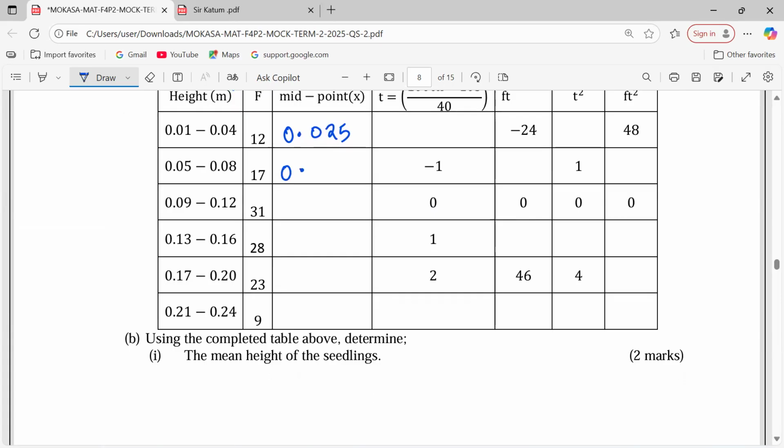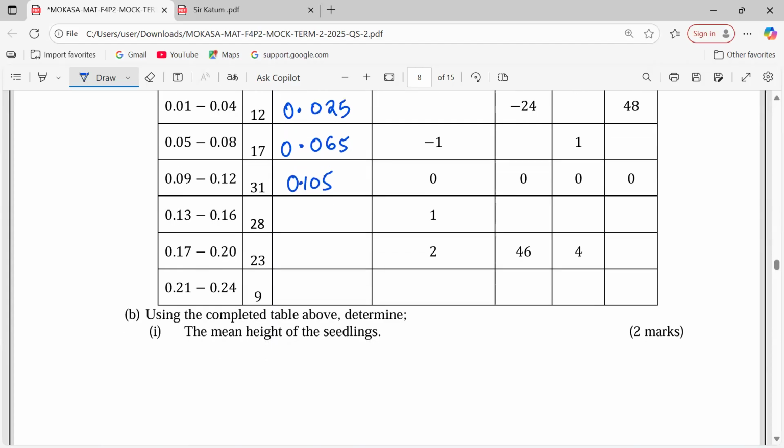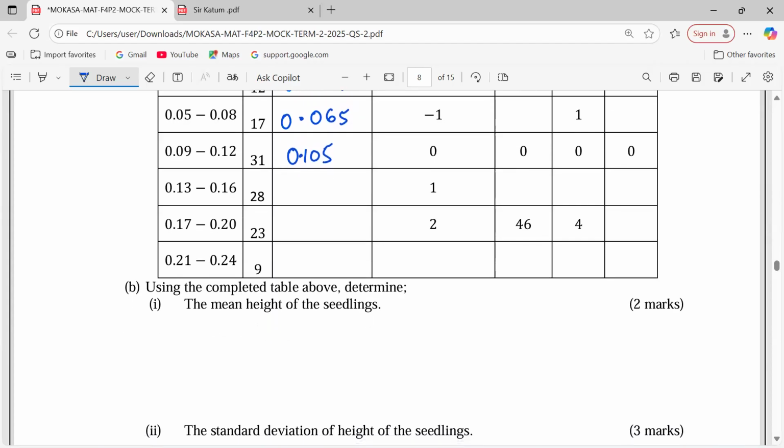We get 0.065. The next is 0.09 and 0.12. We add and divide by 2. That gives us exactly 0.105. Then 0.13 plus 0.16, and we divide by 2. That gives us 0.145.